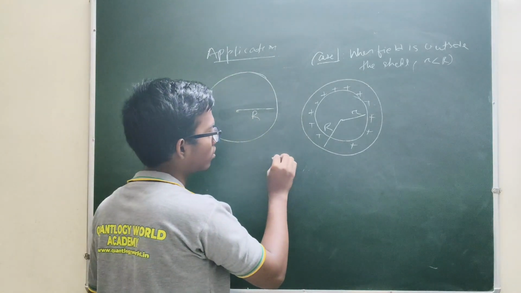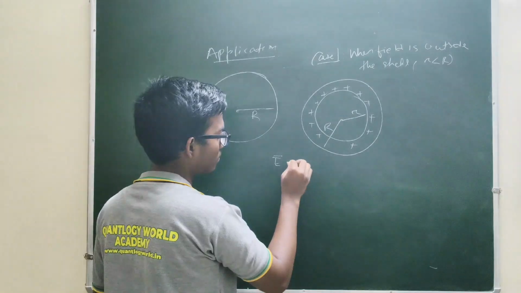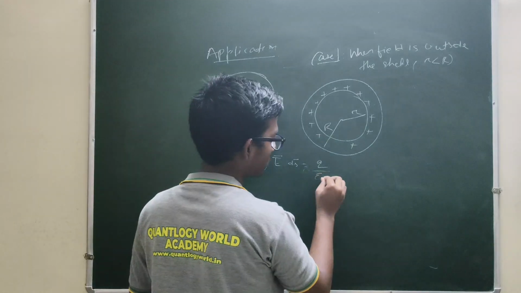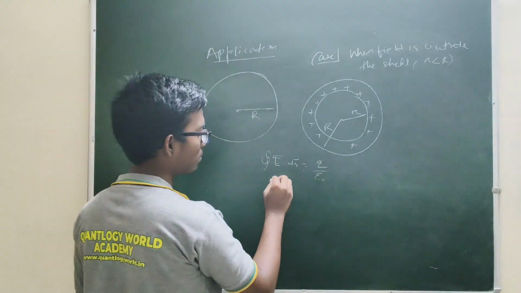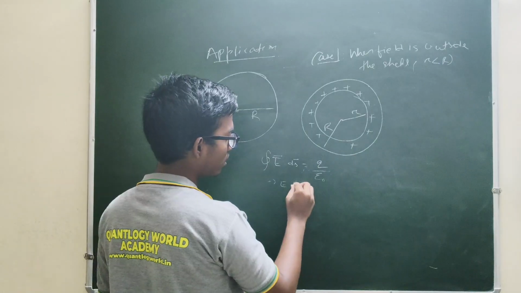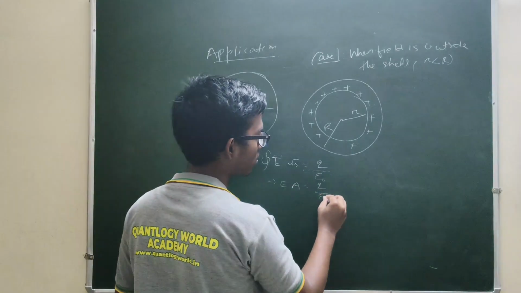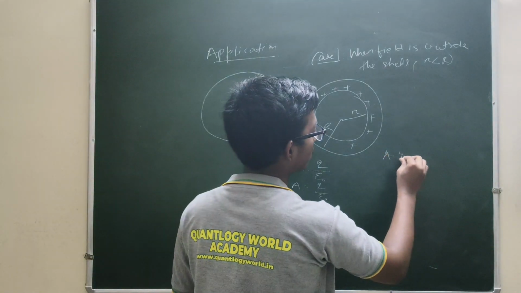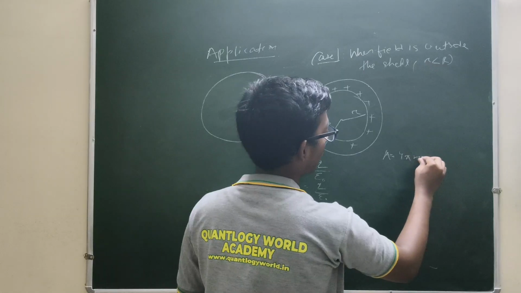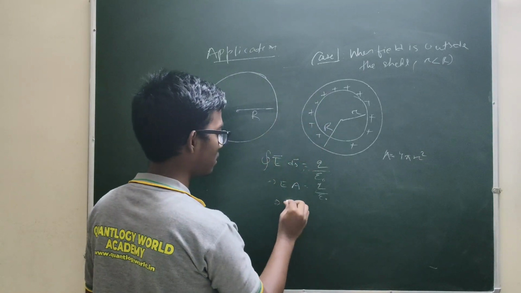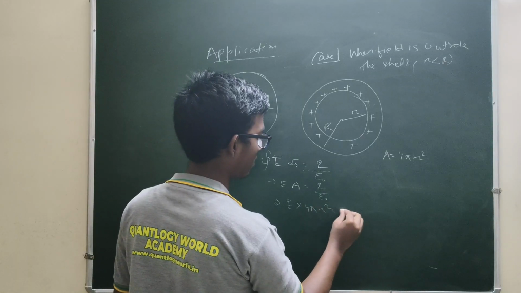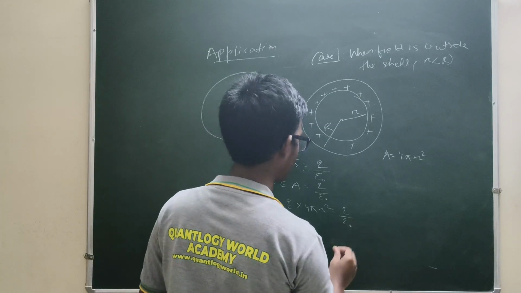So by Gauss law we know that closed integration of E dot dA equal to Q upon epsilon naught. That implies E into A is equal to Q upon epsilon naught. We know that for a spherical shell, area is 4 pi r square. That implies E into 4 pi r square equal to Q by epsilon naught.